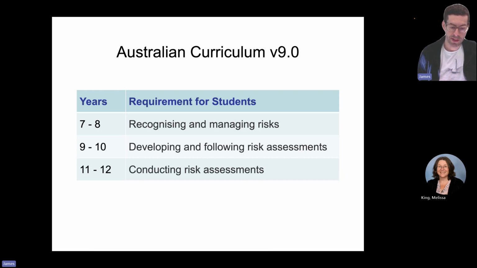The curriculum requires that students take an increasingly active role in considering safety and assessing risks in investigations as they progress from 7 to 12. In 7 and 8 they have recognising and managing risk, but by 11 and 12 they're meant to be conducting risk assessments themselves.